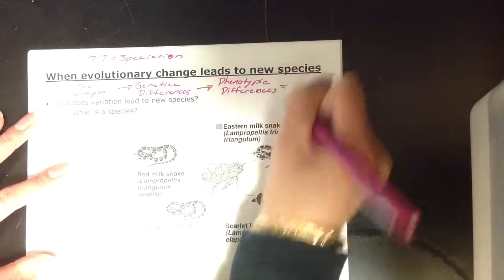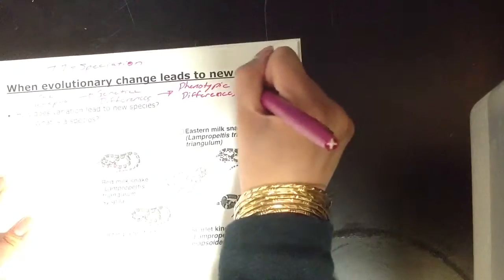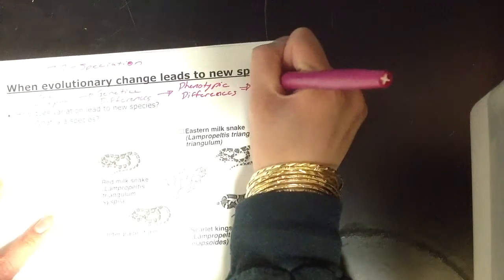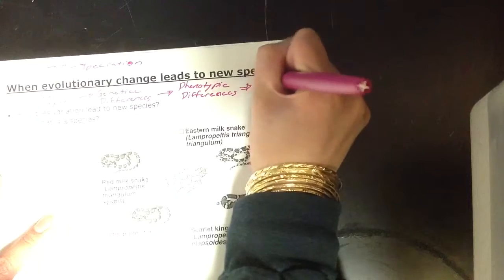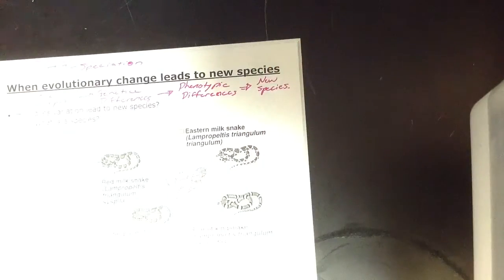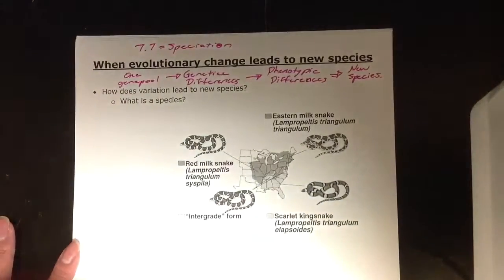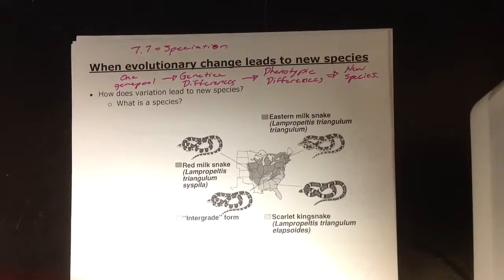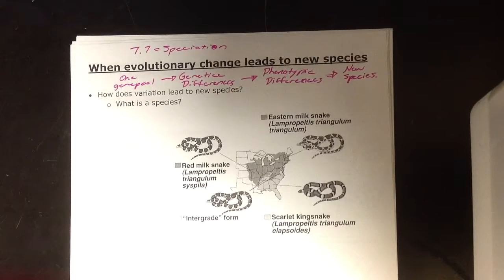And these phenotypic differences, how they look, how they act, can lead to a new species. So that's the overarching idea of what we're going to discuss in this section of notes.